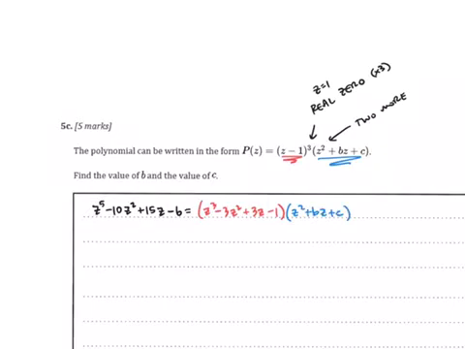It says find values for b and for c. I'm going to find c first, because this is a constant, and the only way to get a constant is to take negative 1 times c. So negative 6 is equal to negative 1 times c. Therefore, c has to equal 6.